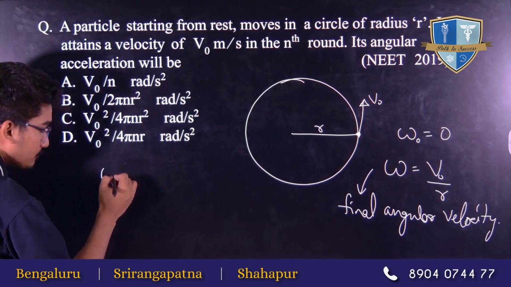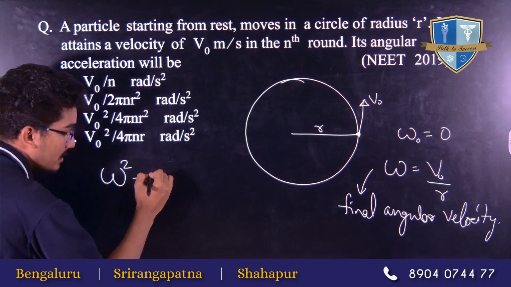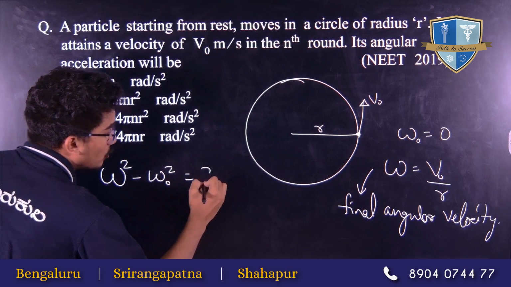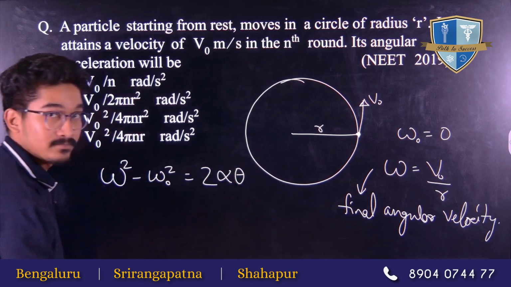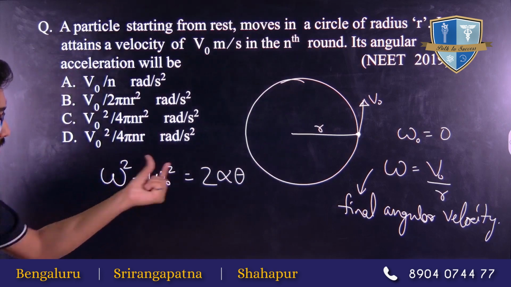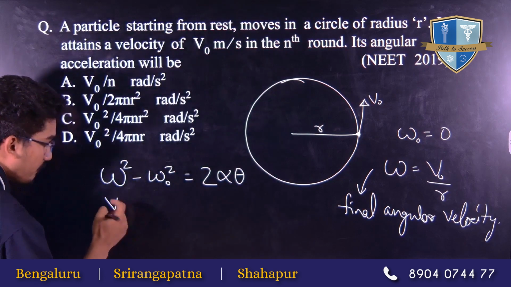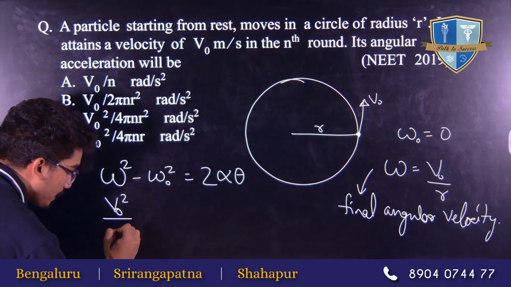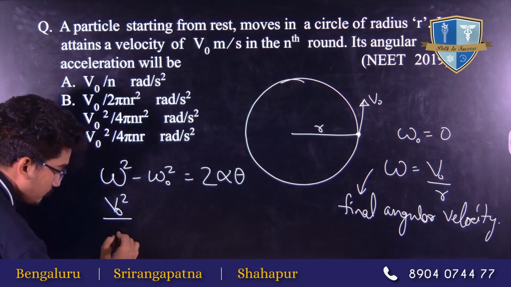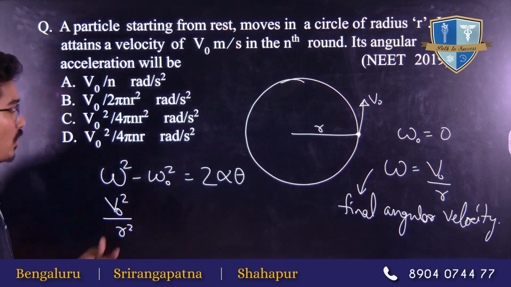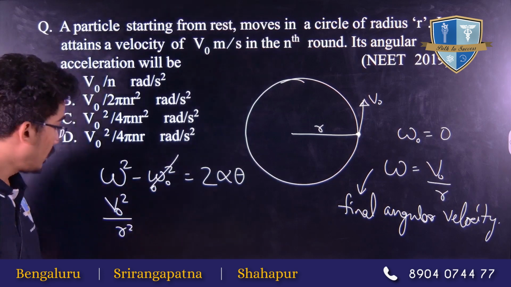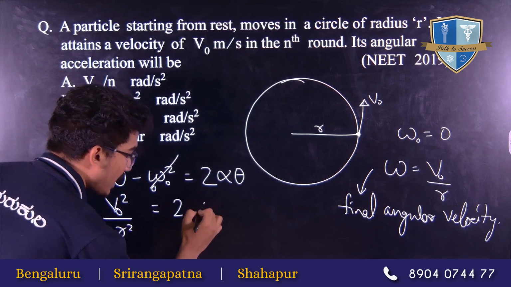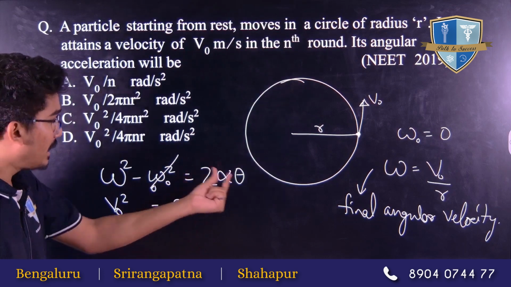Any formula? Yes, we can use omega square minus omega naught square is equal to 2 alpha theta, correct? So final velocity square means v naught square by r square. Initial velocity is 0, equal to 2 times alpha, which we are supposed to find, and theta.